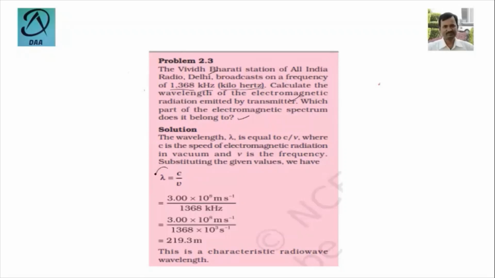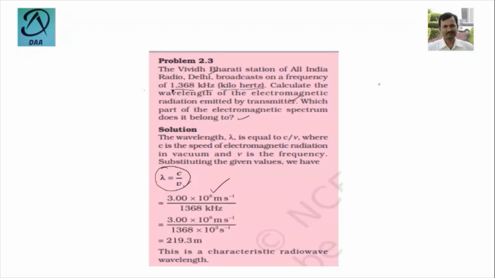We know this equation, we already discussed it in the previous class. So with this, lambda is c, the light speed, divided by the frequency.